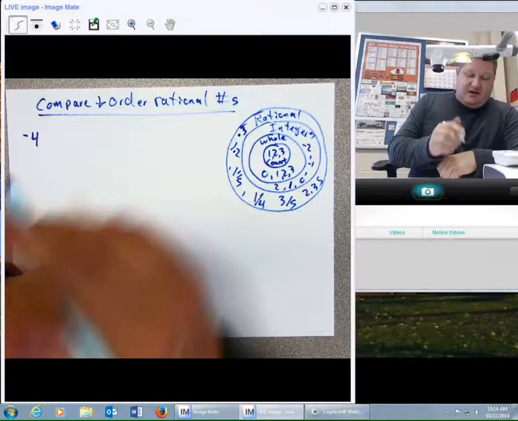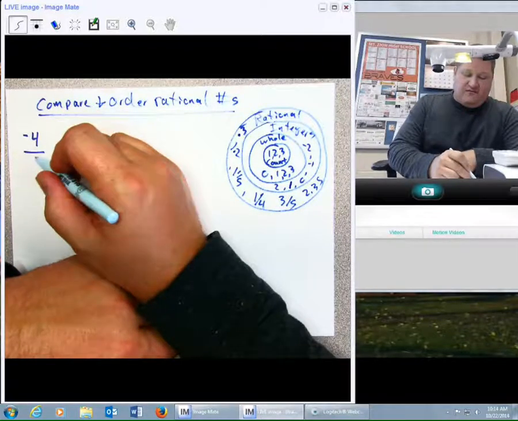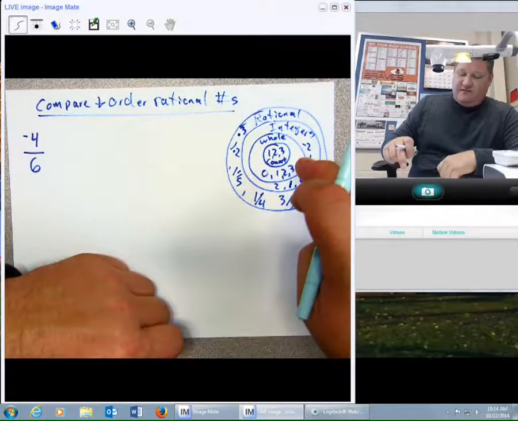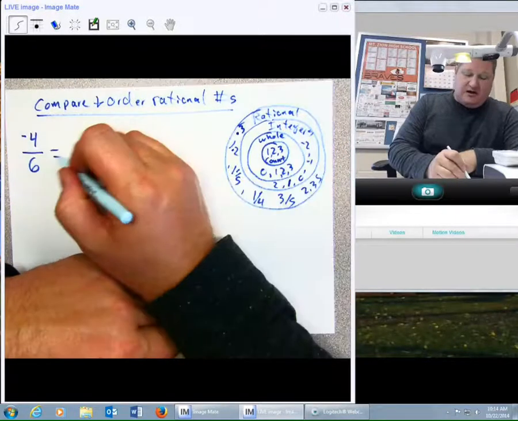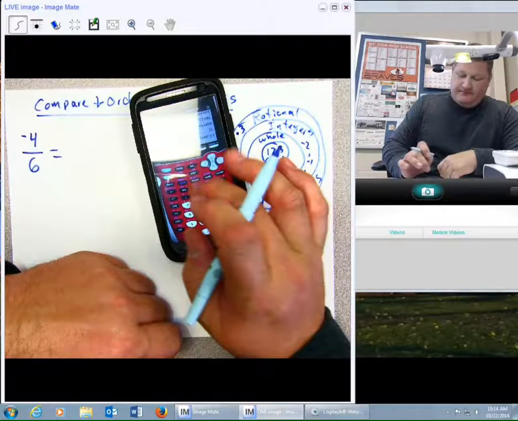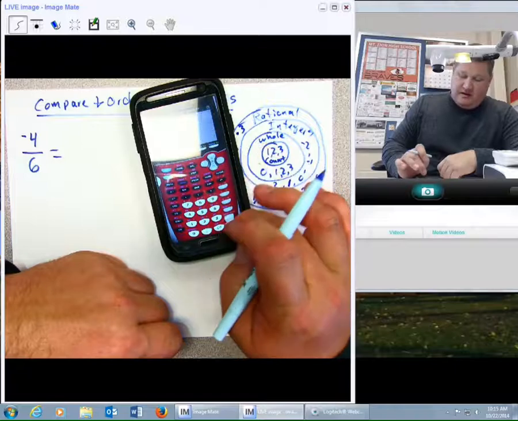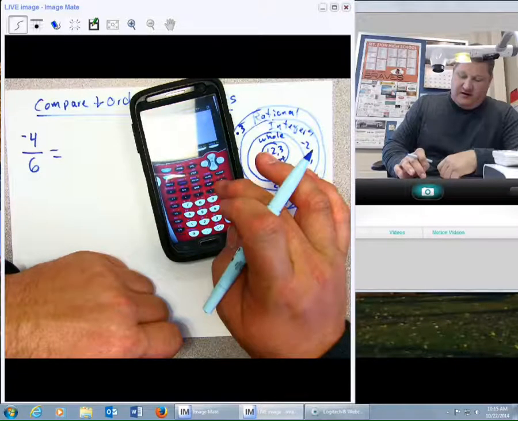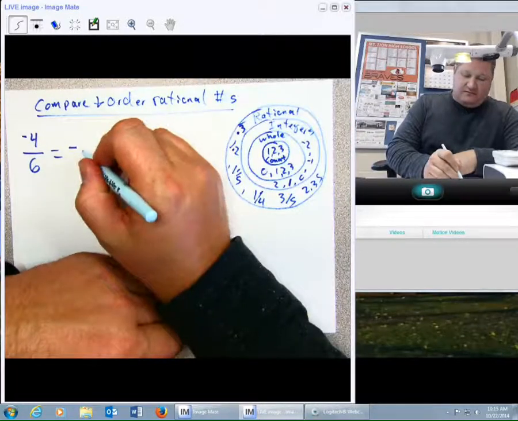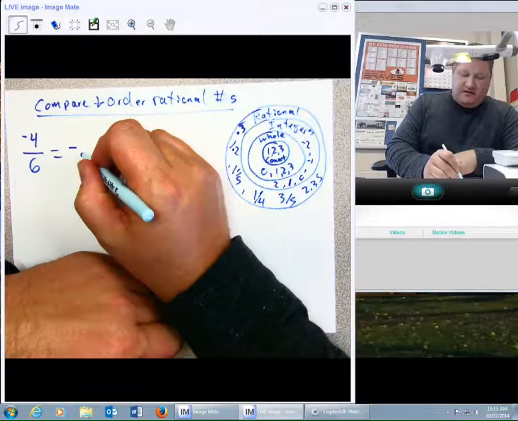If I, on the other hand, take negative 4 and divide it by 6, now it doesn't fit in the counting, the whole, or the integers anymore, because if I do my division, negative 4 divided by 6, negative 0.6 forever.